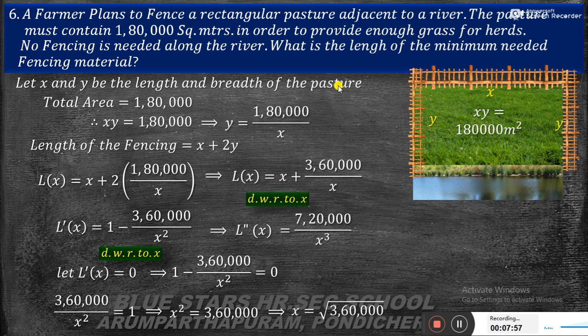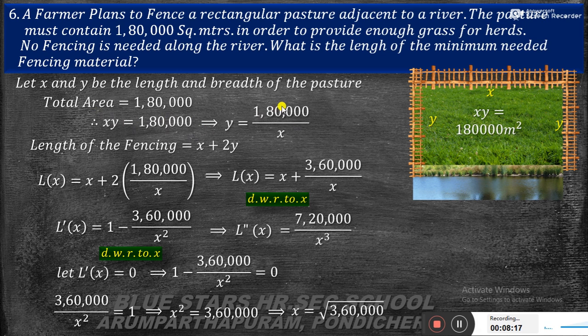The pasture is a land that lies beside the river. The pasture must contain 180,000 square meters, so the area of the rectangle is xy equal to 180,000.